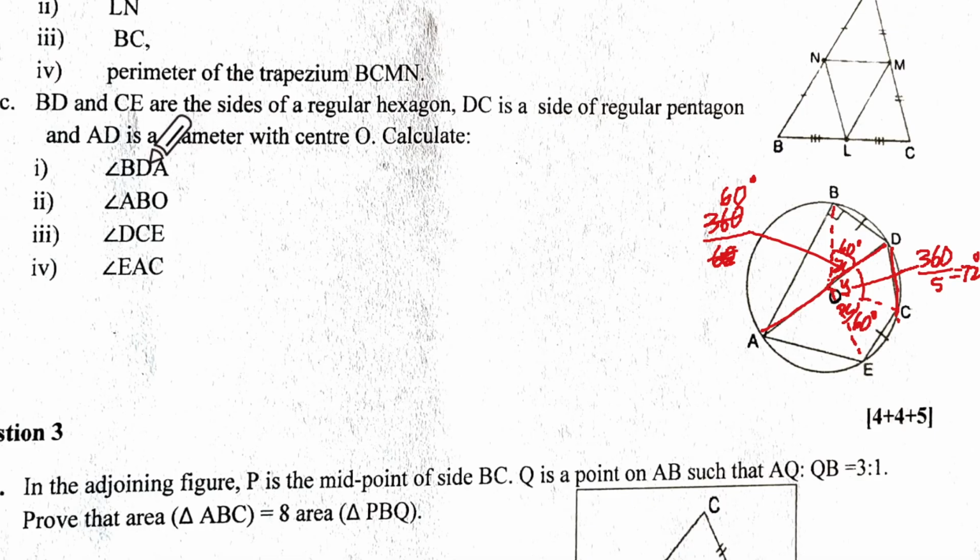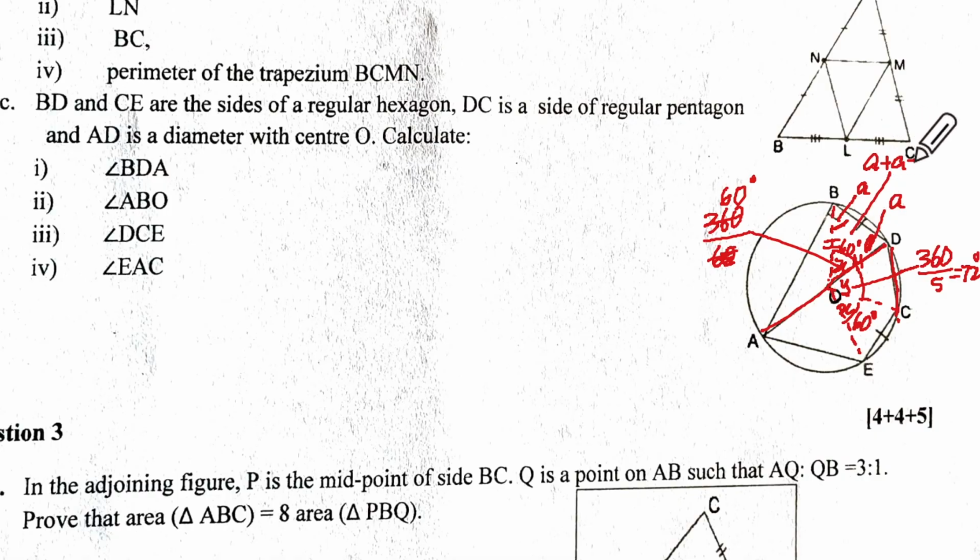Now they are telling you BDA. Where is BDA? This one. If this is 60, then let us call this A and A. We know these are radii, yes? So this angle equals this angle. So what will you get in this triangle?